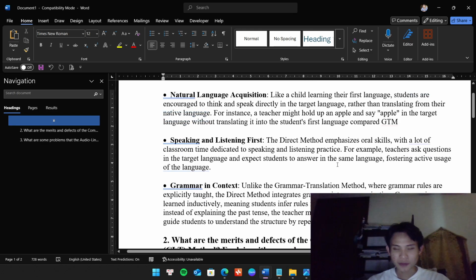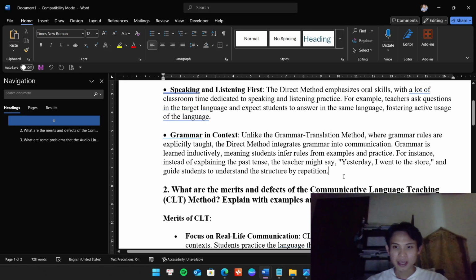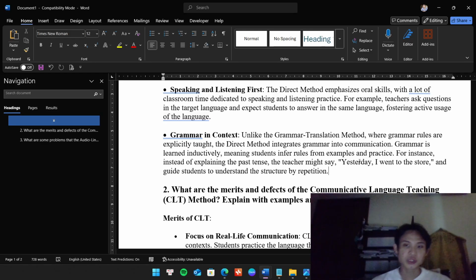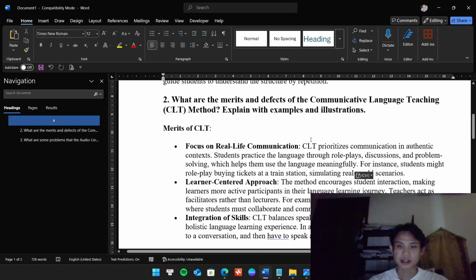For example, the teacher can start the lesson by asking students about their experiences and daily activities, like what did you do yesterday, and they can come up with the answer, I went to the bookstore yesterday. So they can think and answer the question directly in the target language.